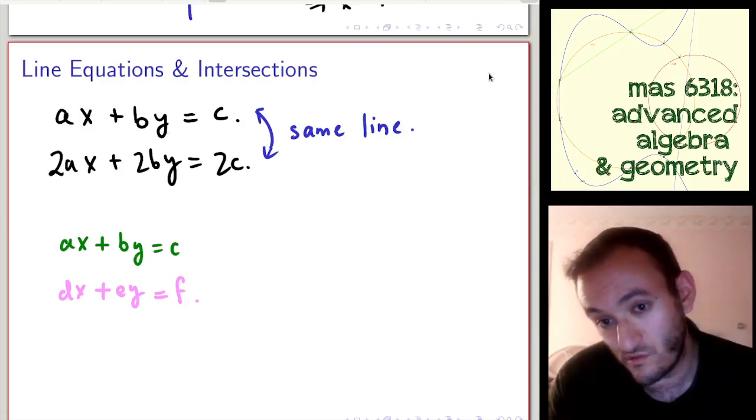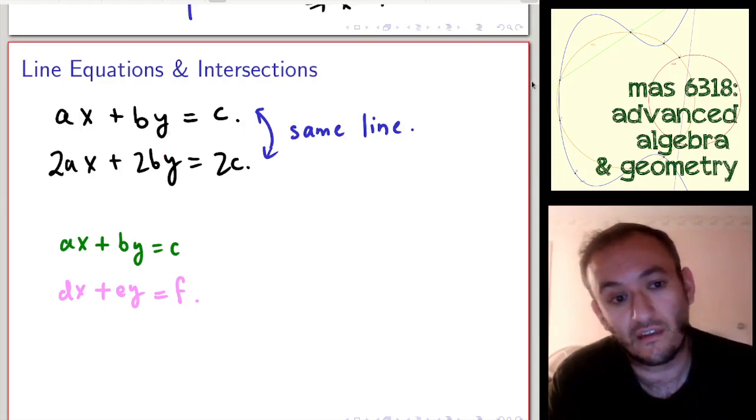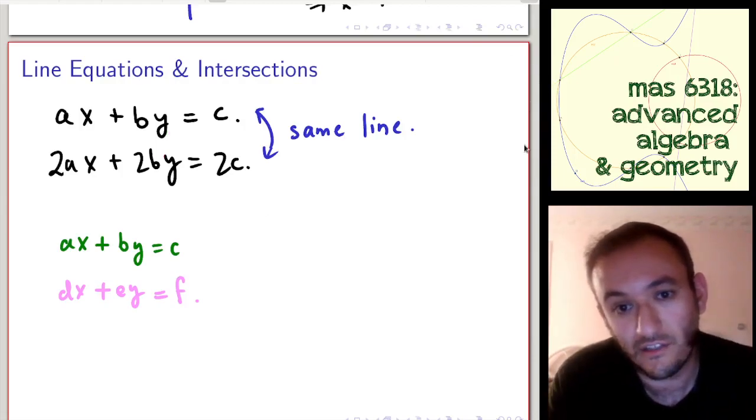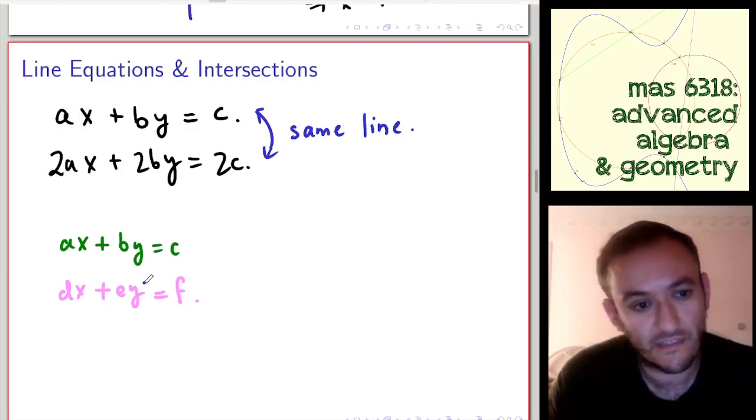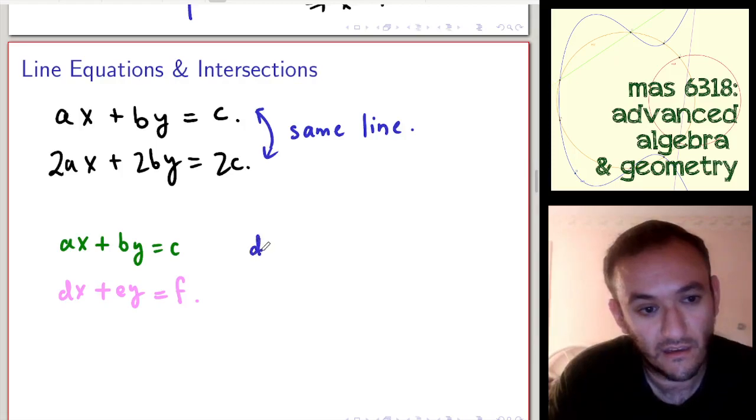You can combine them. You can solve for one and substitute it into the other equation and solve what comes out. So let's do this by taking d times equation 1 and subtracting a times equation 2.